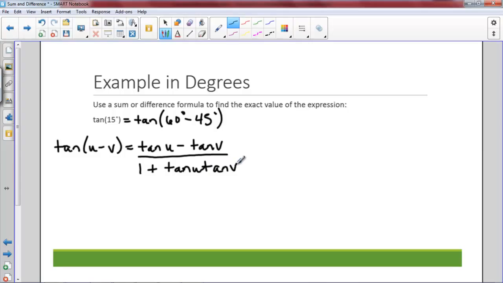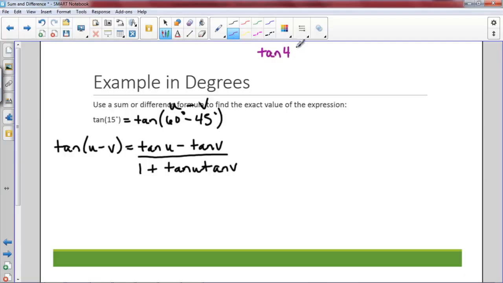All right, so in this case, we're going to need to know what the tangent of 60 degrees and the tangent of 45 degrees is. I don't have these memorized, so I'm going to go ahead up here and figure those out.